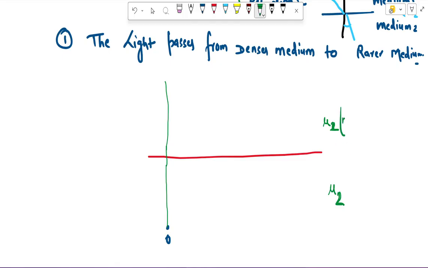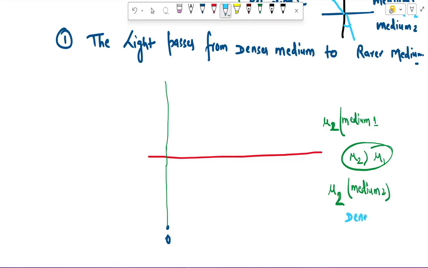Here this one is medium 1 and this one is medium 2, and mu 2 is larger than mu 1, so this one is the denser medium and this one is the rarer medium.